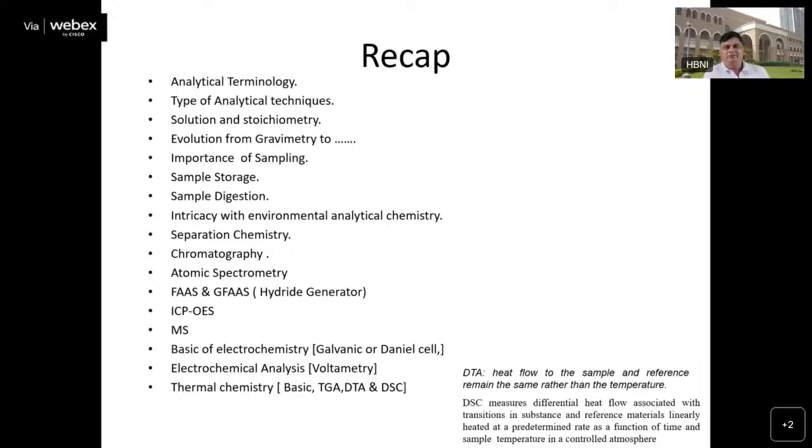Then we discussed the importance of sampling. See, sampling is a very, very crucial part of any kind of analysis. Because if you have made any mistakes in drawing samples, for example, your sample is not representative or not homogeneous, then whatever the benefit of having good sophisticated laboratories or equipment, there is no use, because you have made a mistake at the grassroots level itself.